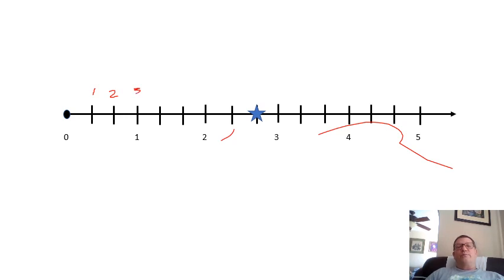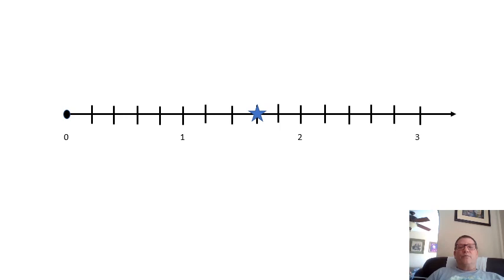Each whole is split up into 3 sections, so this one would obviously be thirds. Now that I know these are thirds, if I go to 2, I know this is 1/3 and this is 2/3. So the star would be 2 2/3 from the origin on the x-axis.